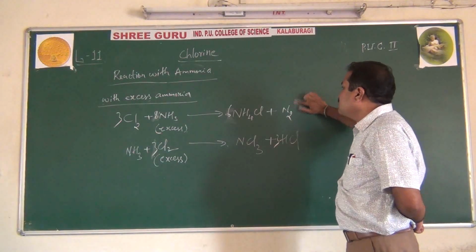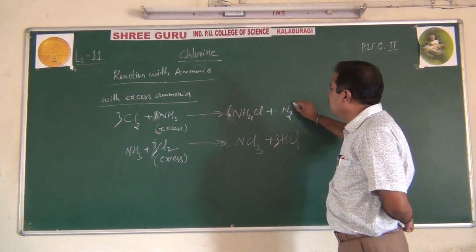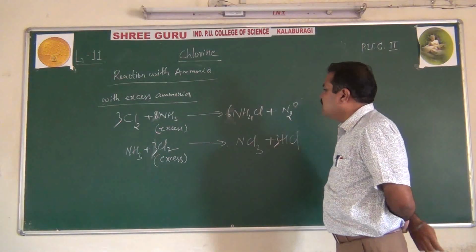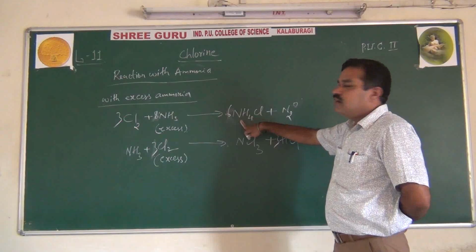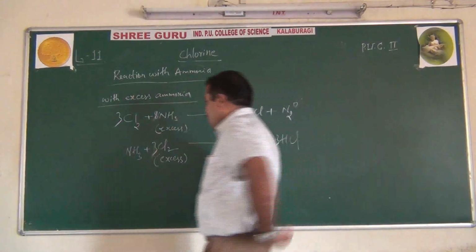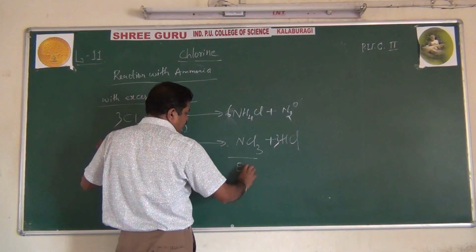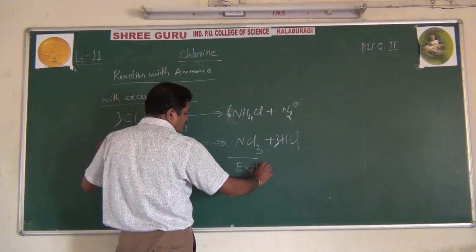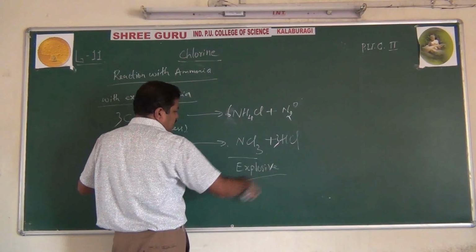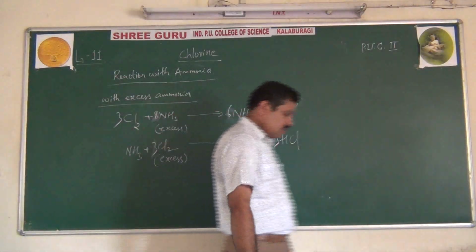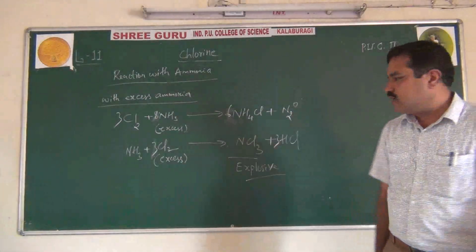Okay. Now, nitrogen trichloride is an explosive compound. Highly unstable explosive compound.